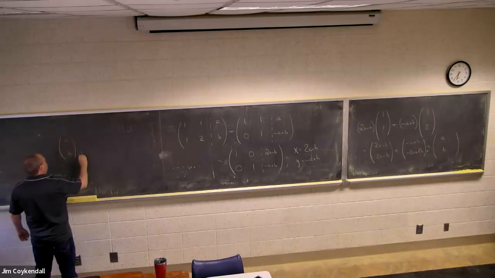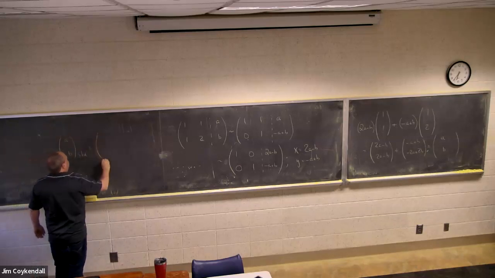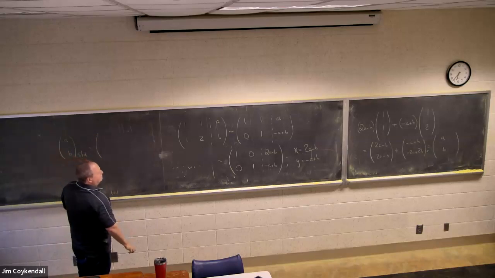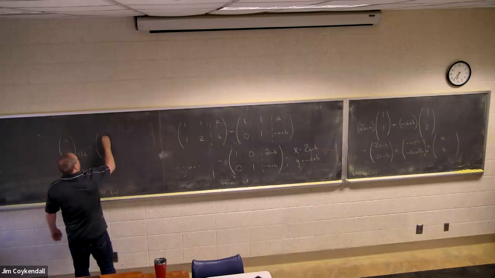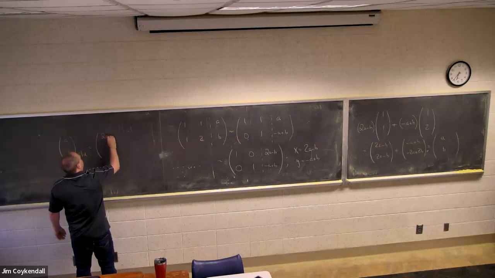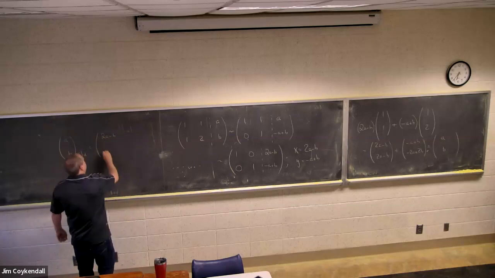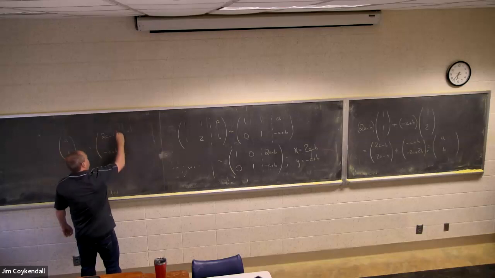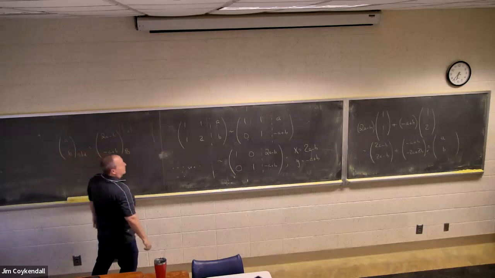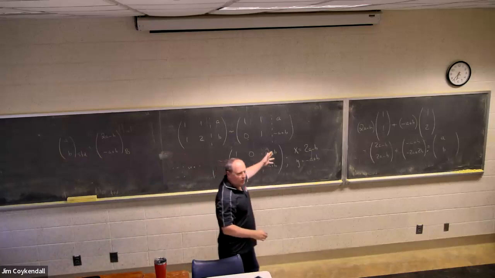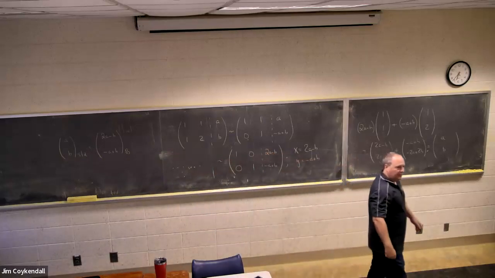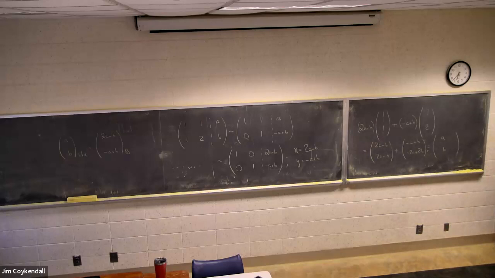So another way of writing this is (a, b) in standard coordinates is equal to (2a minus b, minus a plus b) in B coordinates, where B is the set of vectors (1,1) and (1,2).